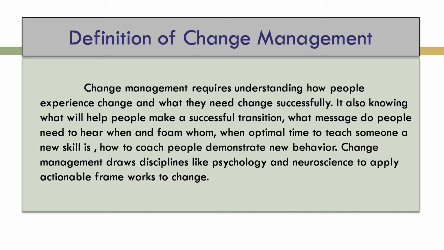Here, change management draws on disciplines like psychology and neuroscience to apply actionable frameworks to change. Psychology is the study of the mind, and neuroscience is the study of experimental psychology.